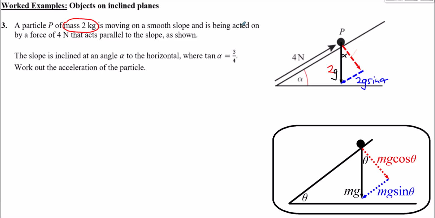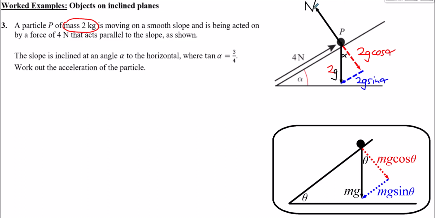Whoops, made a slip. As well as that, it's fair to say there will always be a normal reaction force acting perpendicular and upwards from the slope. I'm going to label this n, like so.